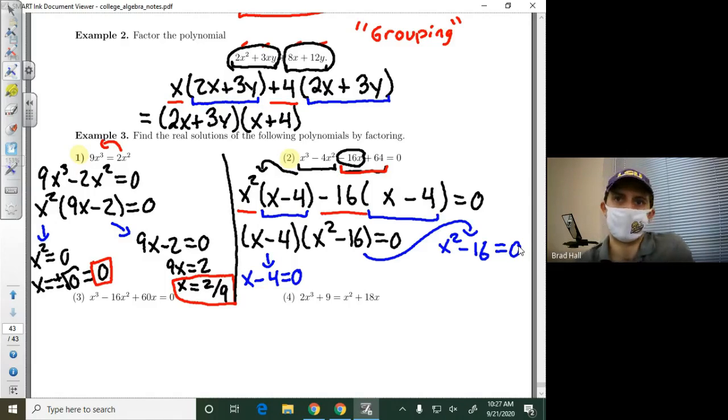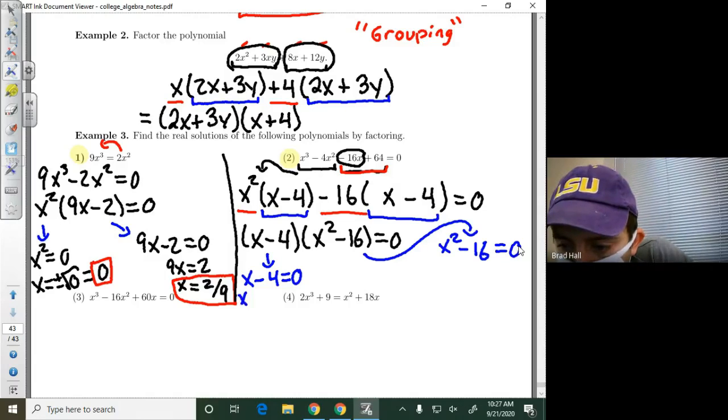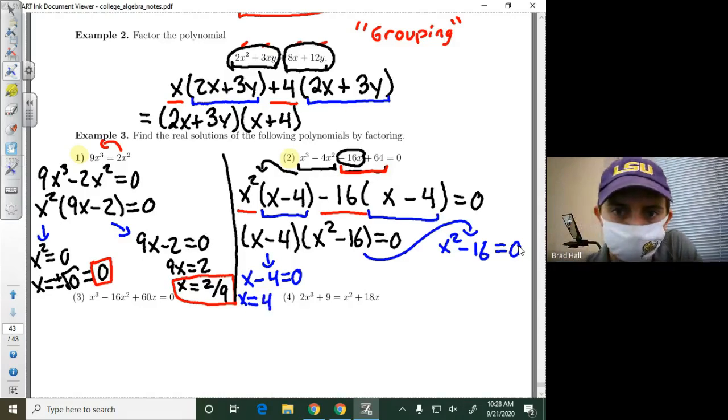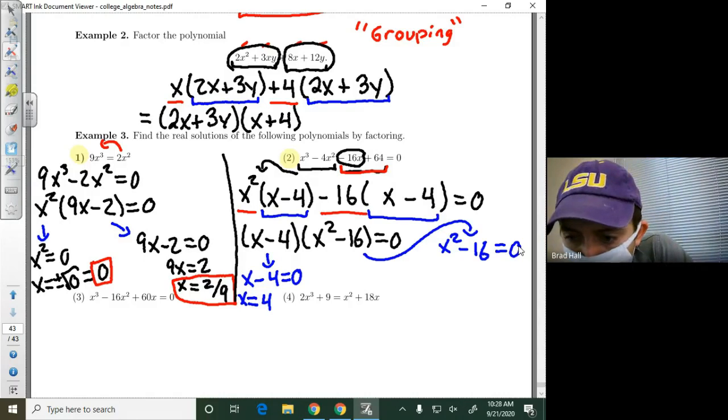So the reason why a factored form is so nice is we could take a larger expression and break it up via the components, as we did here. The first one, that one's a little bit easier to determine. That one's just x is equal to 4.